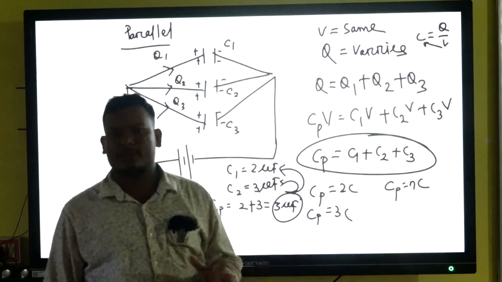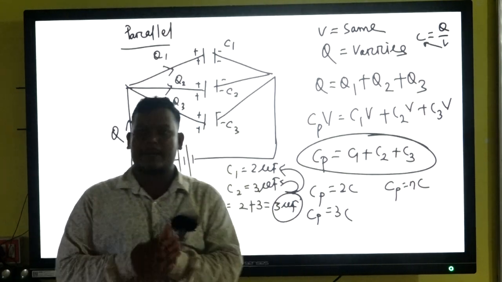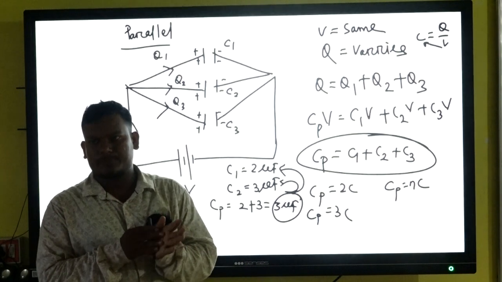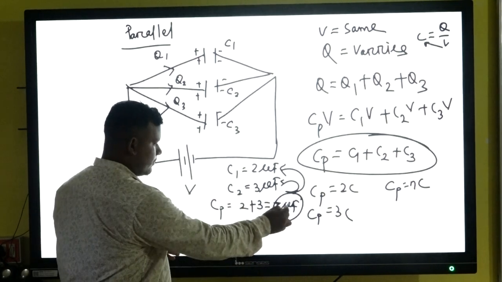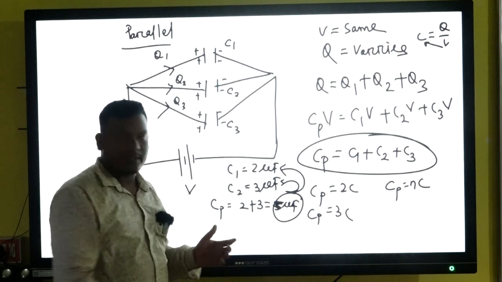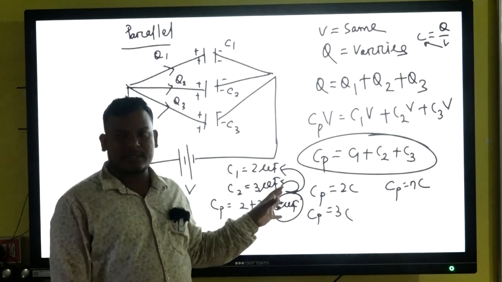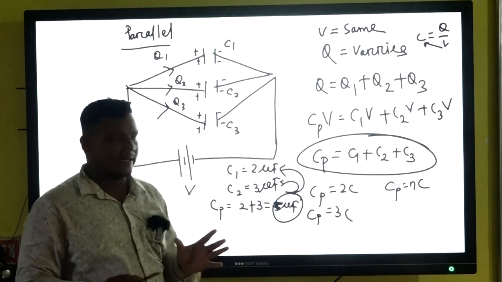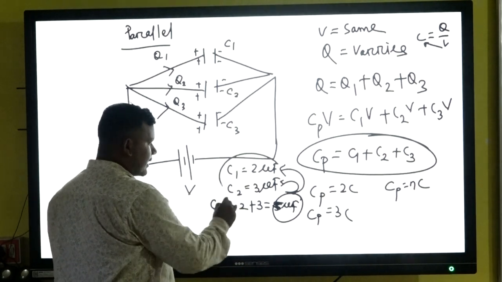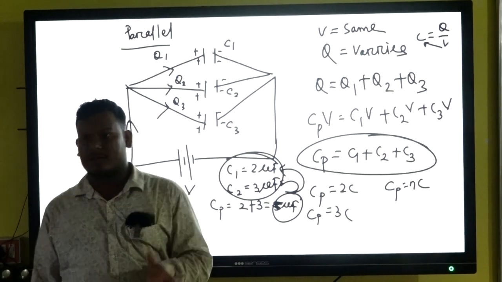So the total capacitance in case of parallel combination is greater than the individual capacitors connected in that circuit.